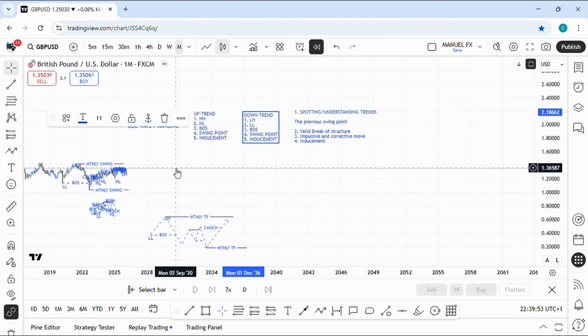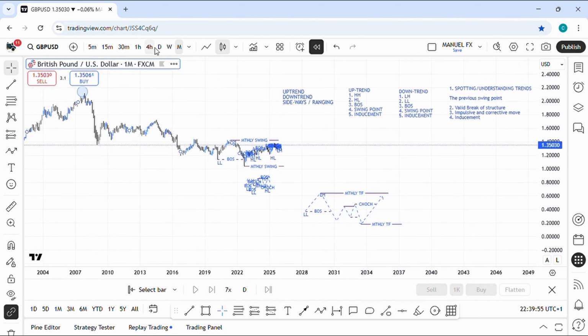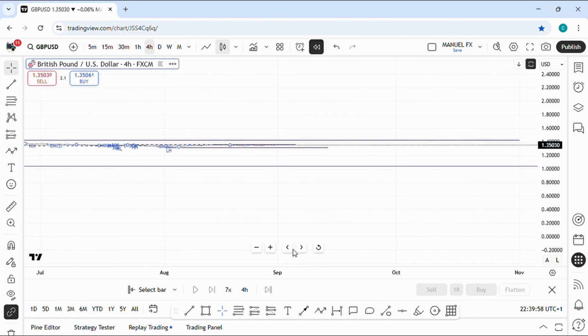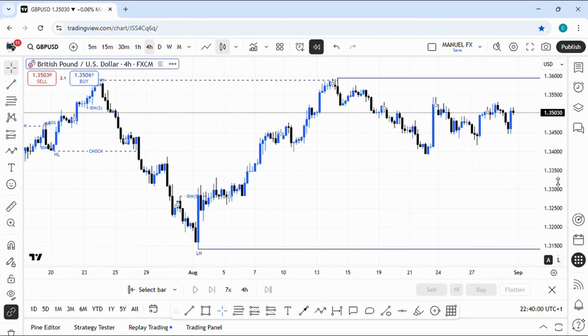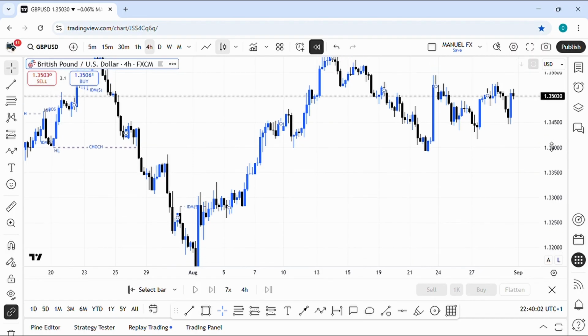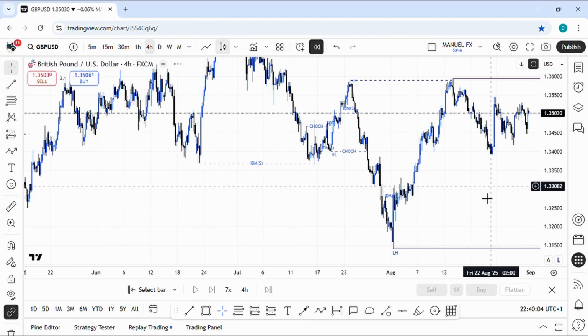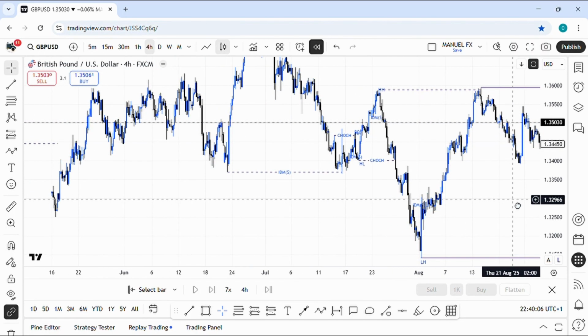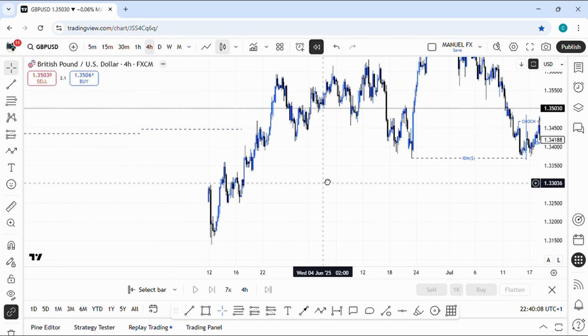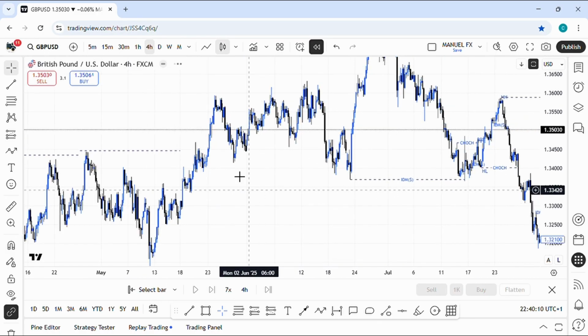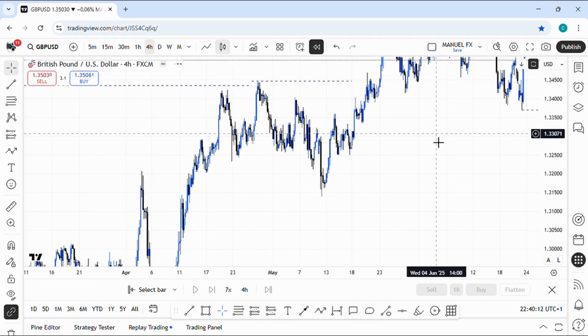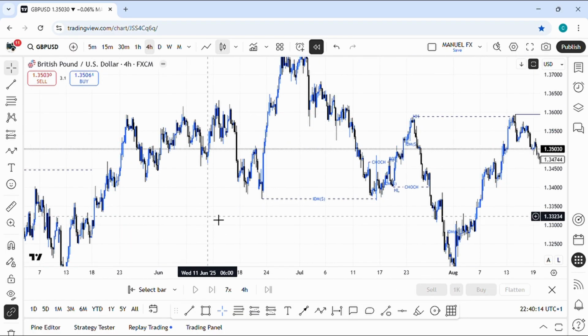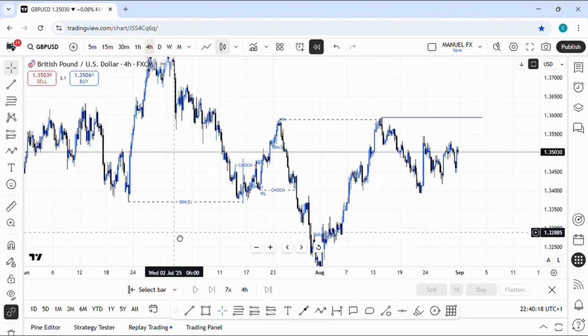Let me see if I can find a sideways market. Market is going sideways. Okay. Zone.